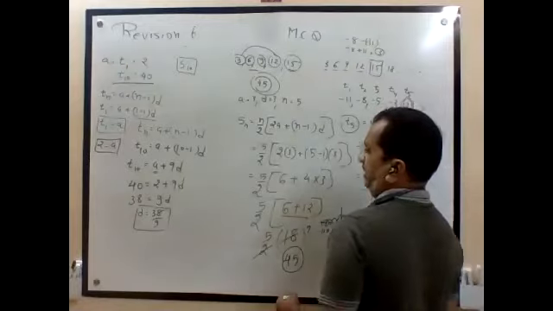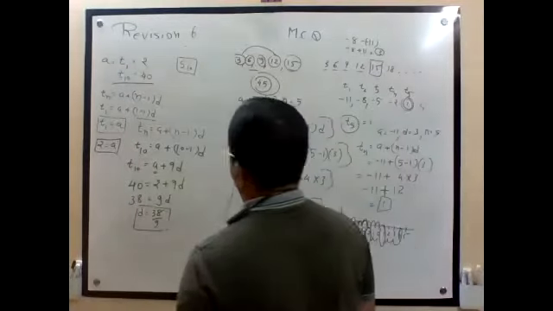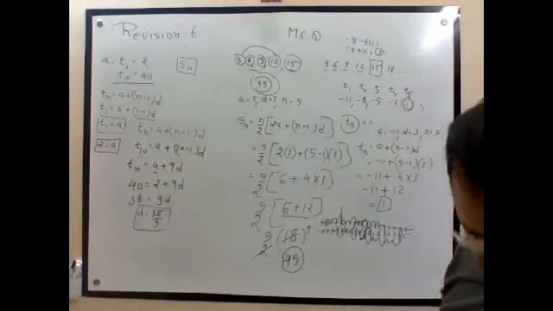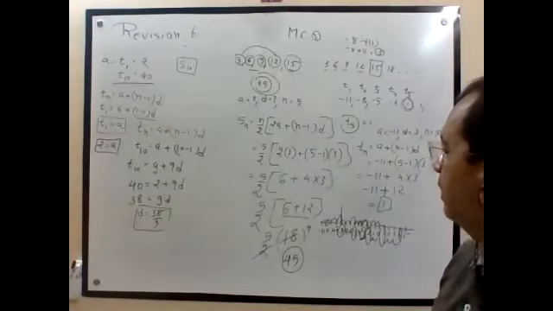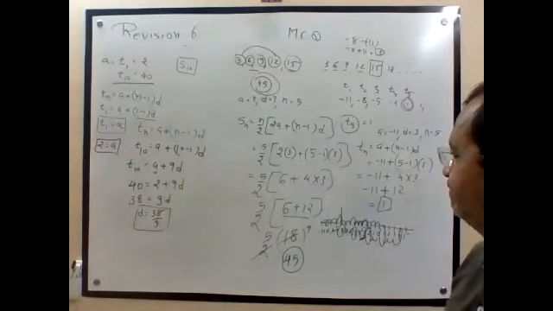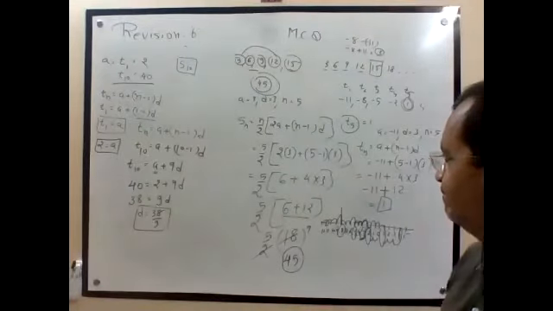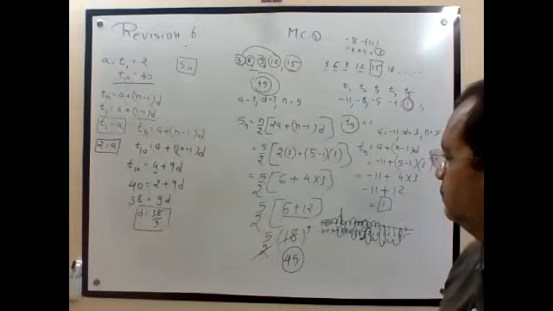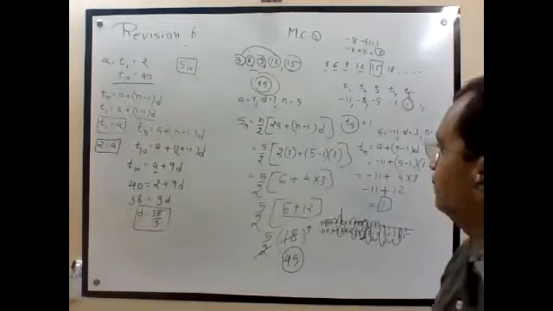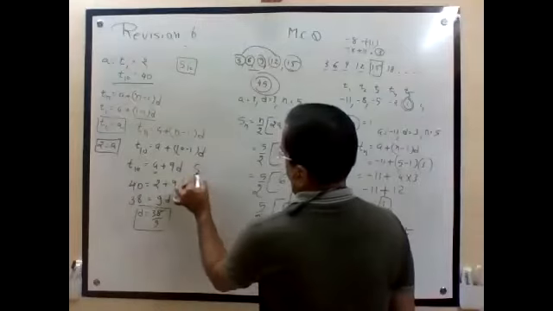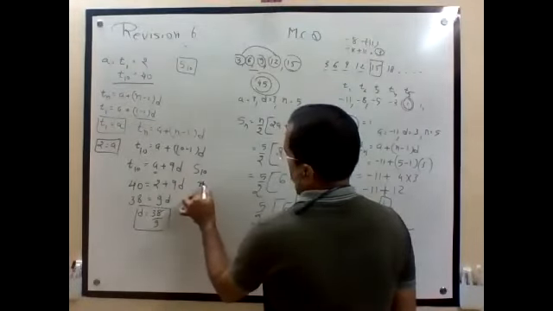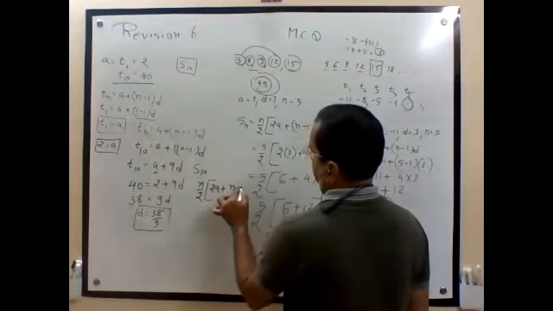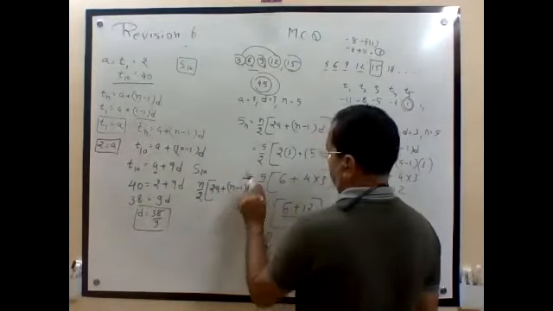Now we want S10. The first number is 2, the 10th number is 40. Sn is n by 2 times 2A plus n minus 1 d.